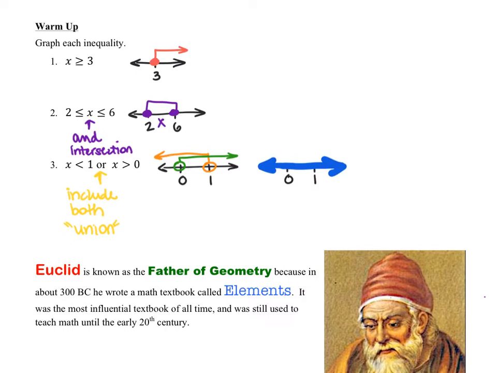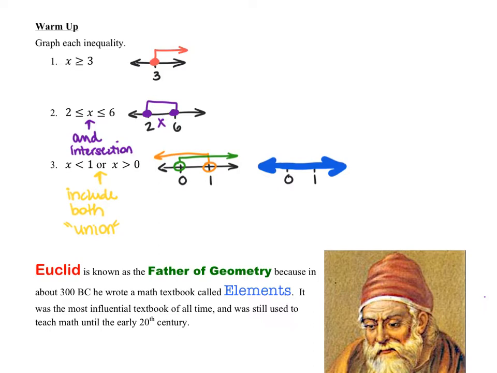In inequality number 3, we have another compound inequality, but this time the two inequalities are joined by the word or. We know that means union, and that means we're going to include both areas. We have all values of x that are less than 1, so we have an open circle, and the arrow goes to the left, or all values of x that are greater than 0, so again an open circle, this time all the values to the right of 0.